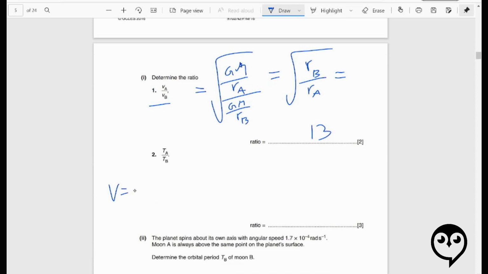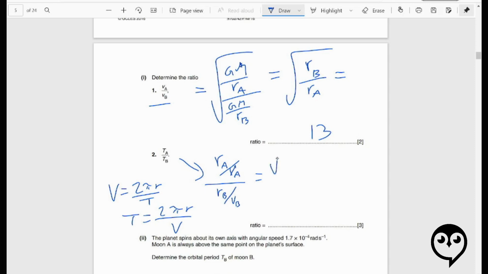We know that the orbital velocity is going to be the circumference divided by the time. So if we were to rearrange, we know that time is going to be 2 pi r over v. The 2 pi's are going to cancel out. What we'll get for our ratio here is, again, you can see it's proportional to r, inversely proportional to v. So that'll be Ra over Va over Rb over Vb.